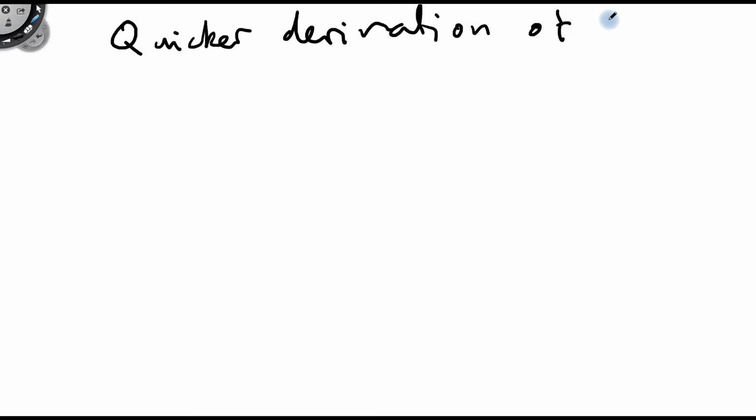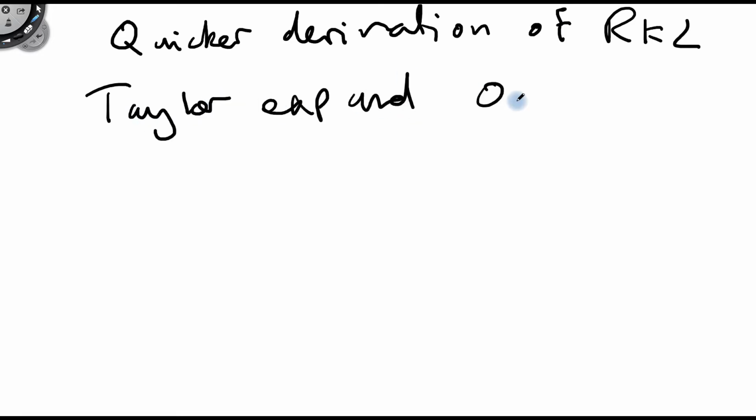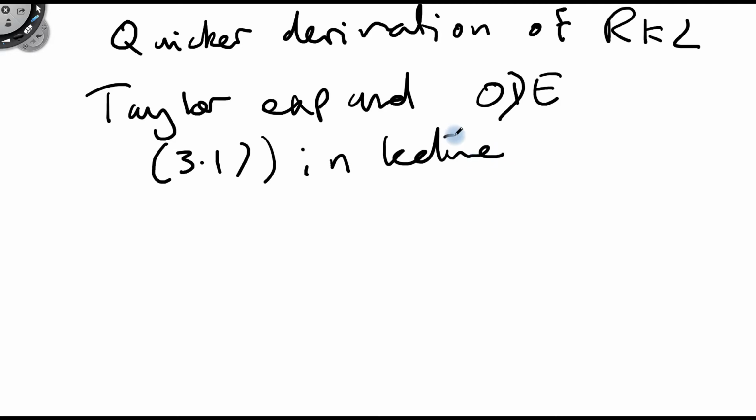And then there's a quicker derivation of RK2, and if you do a Google search on RK2, you'll find this in the methods where they just consider this one method. If we just Taylor expand the ODE, I'm picking up on equation 3.17 in the lecture notes from last time.